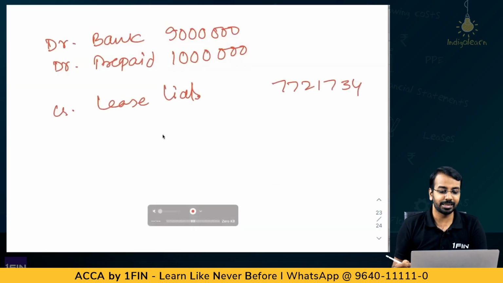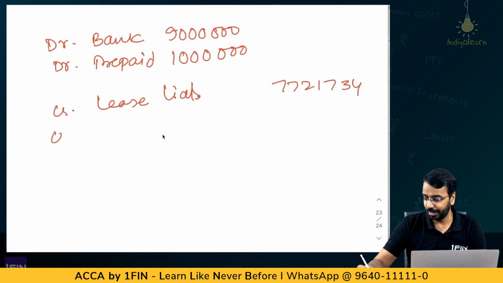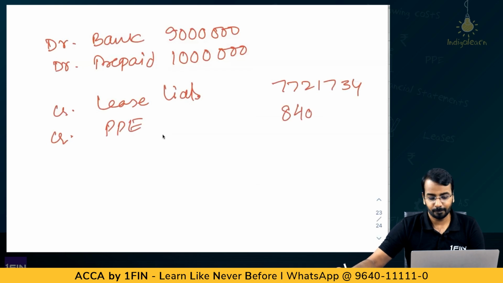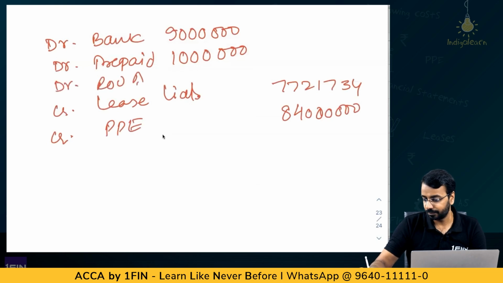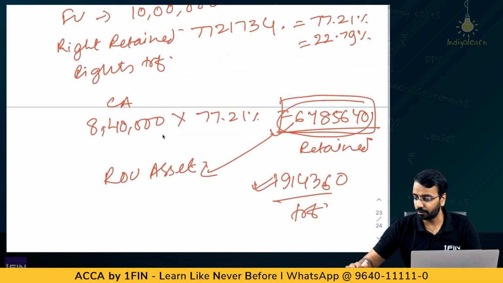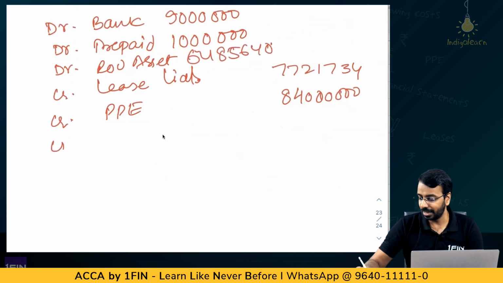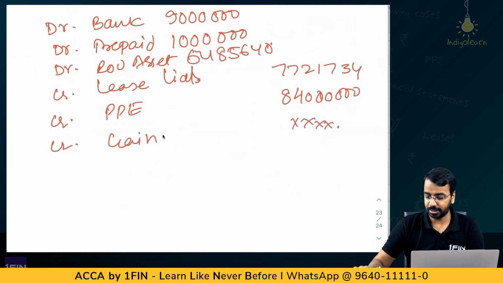This is the lease liability which we have incurred. Then credit PPE no longer existing, 840,12,123, and we have a debit ROU asset of the value which is retained, 64,856,40, and balancing figure is gain which will be recognized.